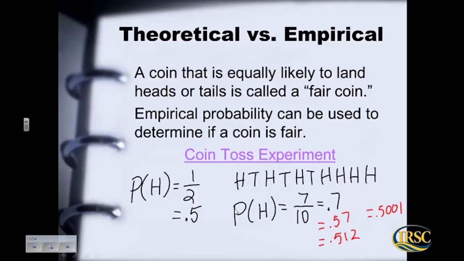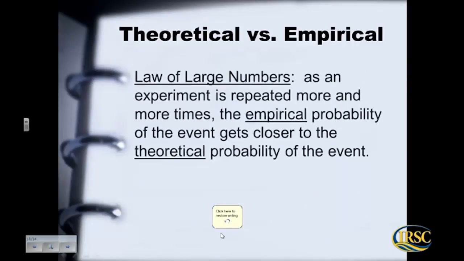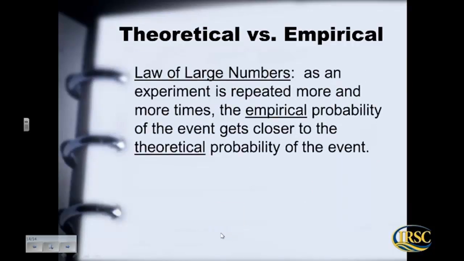This thing that's happening, as the probability gets closer and closer to 0.5, is called the law of large numbers. As an experiment is repeated more and more times, the empirical probability of the event gets closer to the theoretical probability of the event.